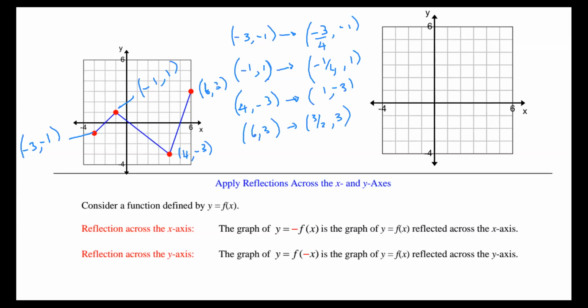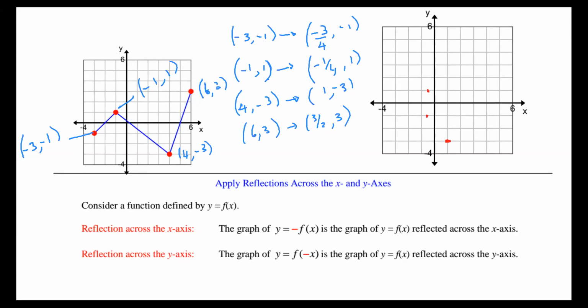So -3/4 comma -1 is going to be somewhere here, and then -1/4 comma 1, and then 1 comma -3, and 3/2 comma 3.